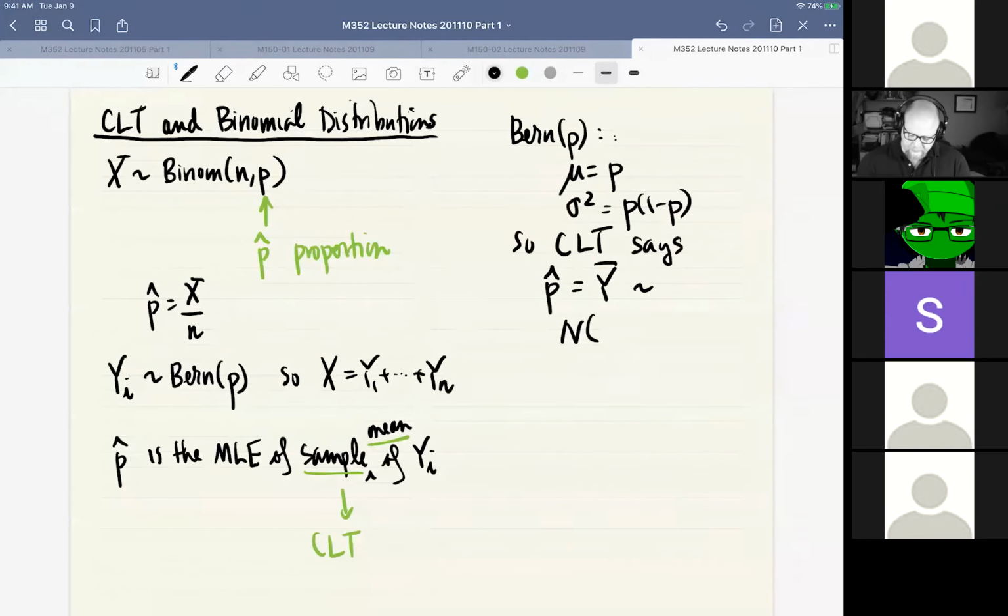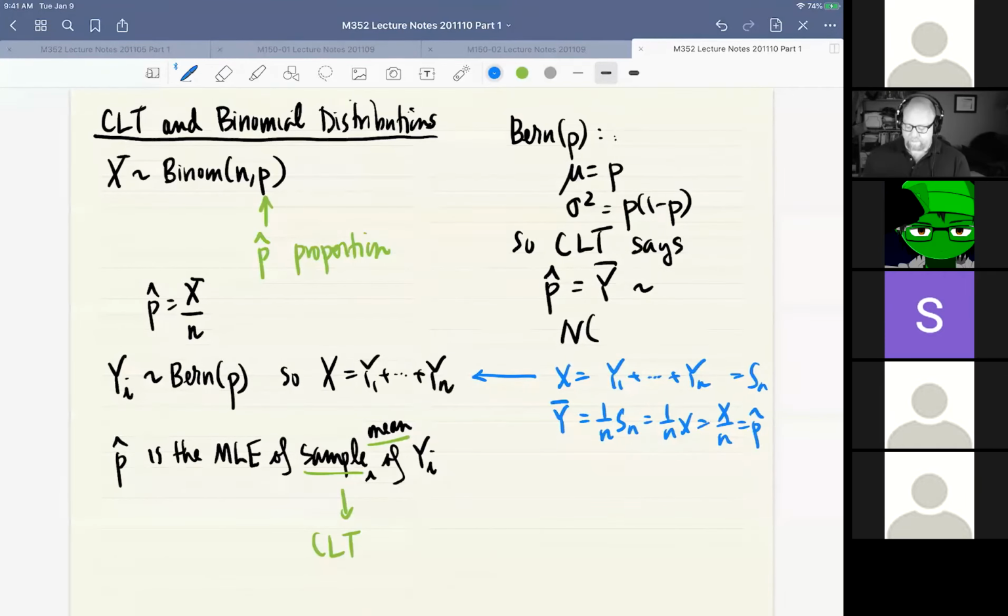Now, let me back up a second. X is the sum of these things, and so the central limit theorem said that this was S n. The sample mean of these Y's is 1 over n times S n, that's X over n, right?